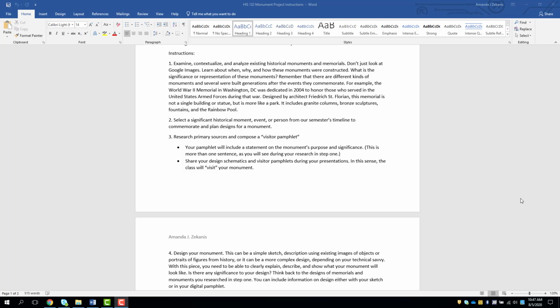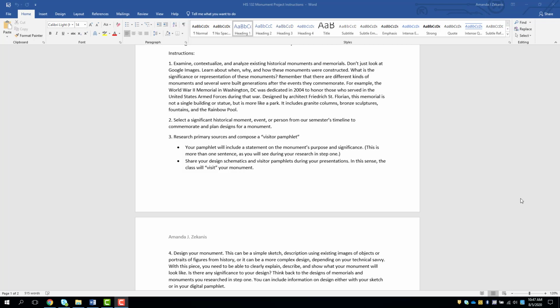For this, don't just look at Google Images, right? Look up a specific monument. Learn about it, find out when, why, and how these monuments were constructed. What is the significance or representation of these monuments?